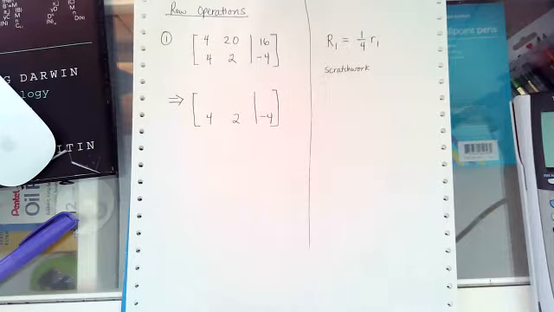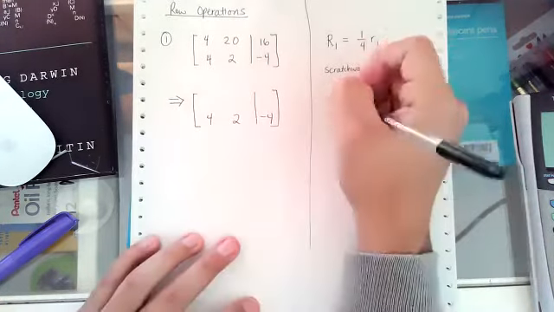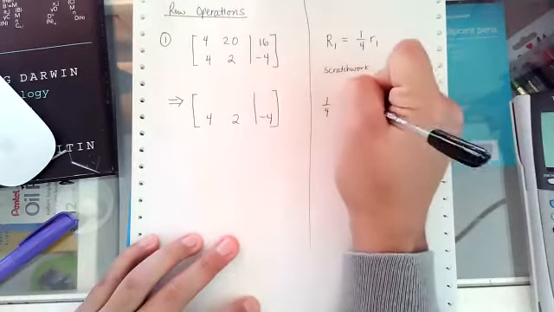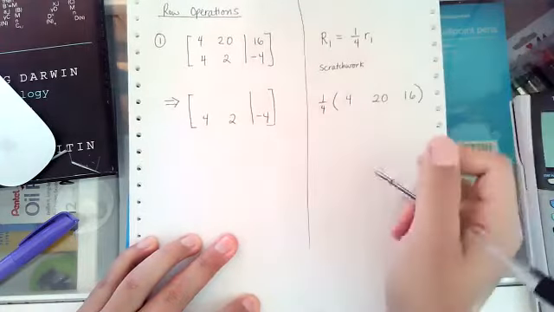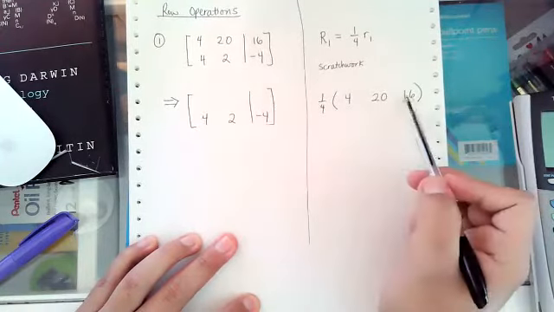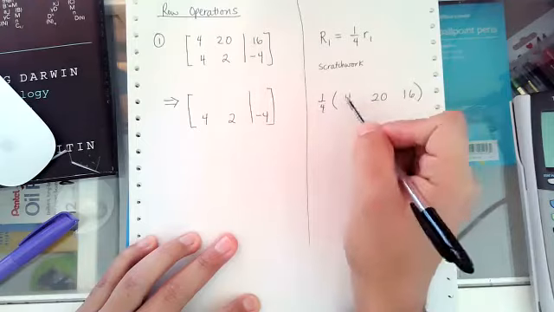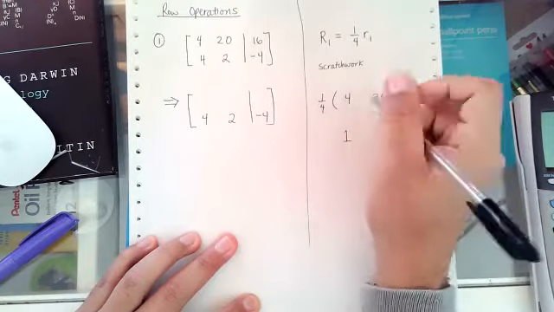I believe it's 1, 5, 4. Yeah, perfect. Okay, so that's the same thing as taking 1/4 and multiplying it by 4, 20, and 16. And when we do that, 1/4 times its reciprocal is going to be 1.